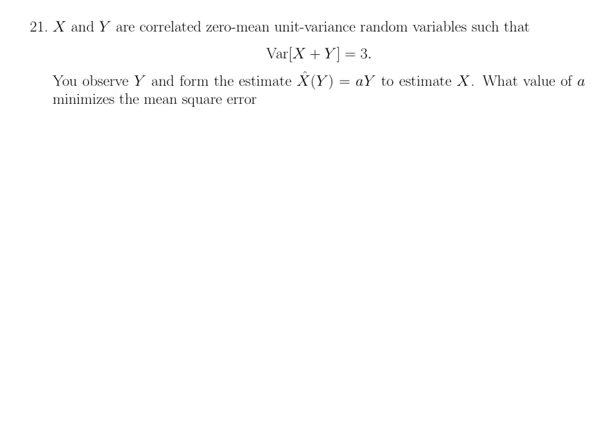So I've deleted some stuff here that I see. There's two parts of this problem. One is that the x and y are zero mean and they're unit variance. So you have another one of these. The variance of x plus y is equal to variance x plus variance y plus 2 times covariance of x and y.